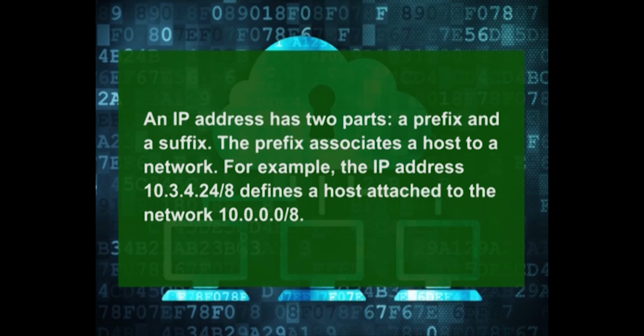For example, the IP address 10.3.4.24/8 defines a host attached to the network 10.0.0.0/8. This implies that a host in the internet does not have an address that it can carry with itself from one place to another.